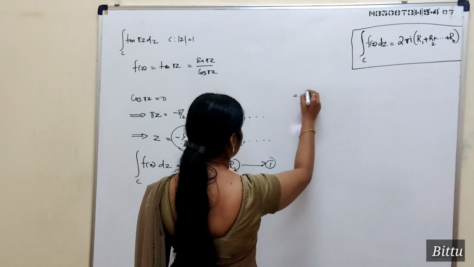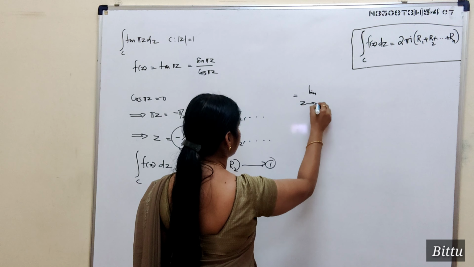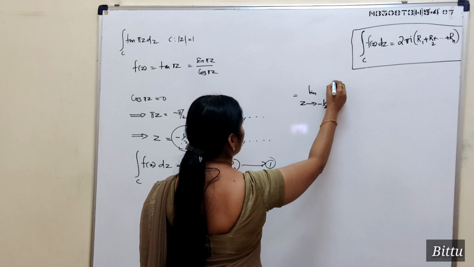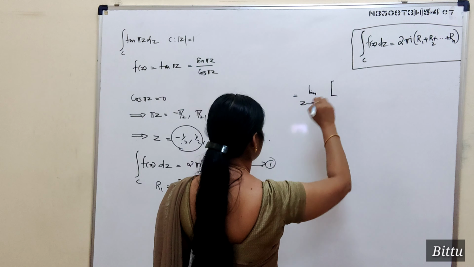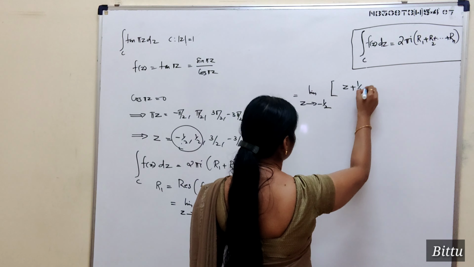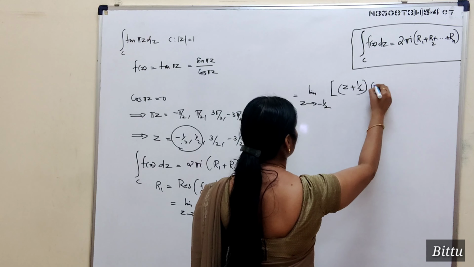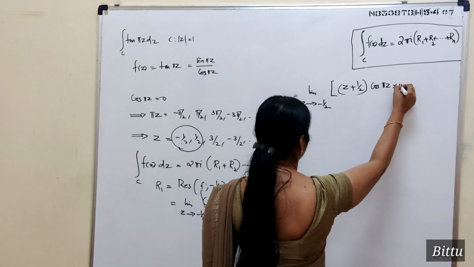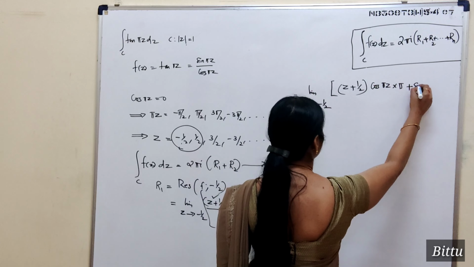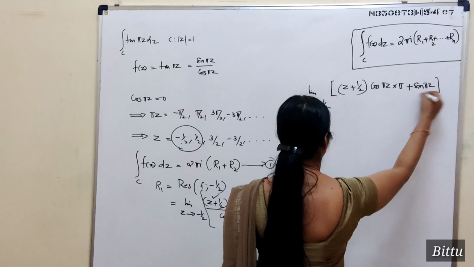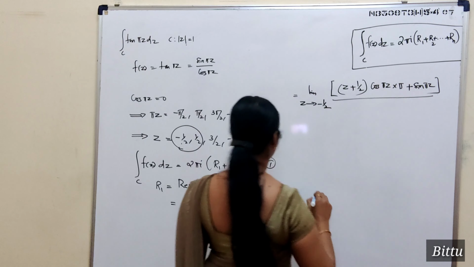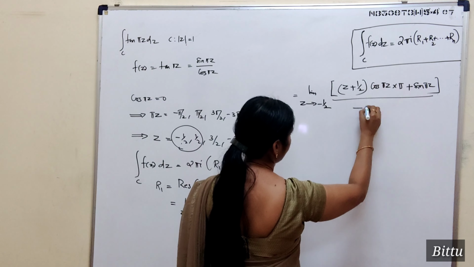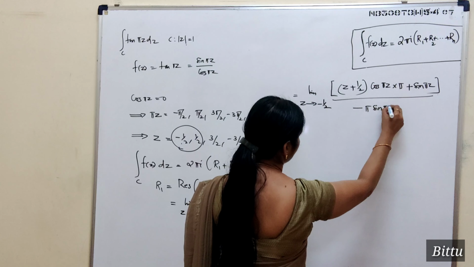And L'Hospital's rule gives limit z tends to minus half. The derivative of the numerator, see it's a product, so you apply the product rule. So z plus half into cos pi z into pi plus sin pi z into 1, divided by the derivative of the denominator, which is minus pi sin pi z.